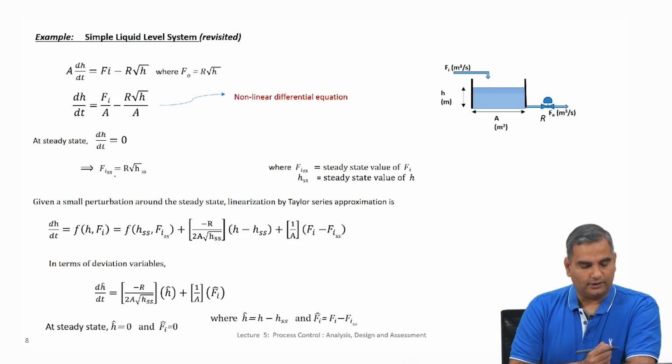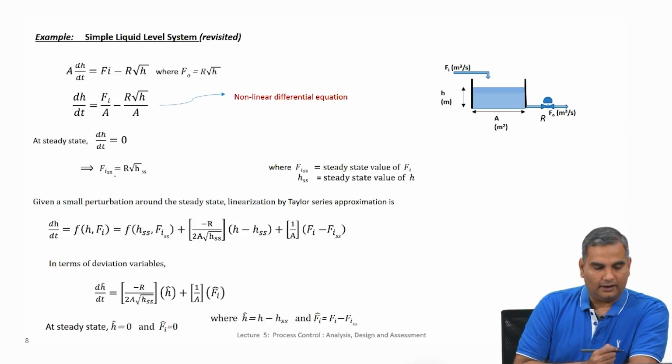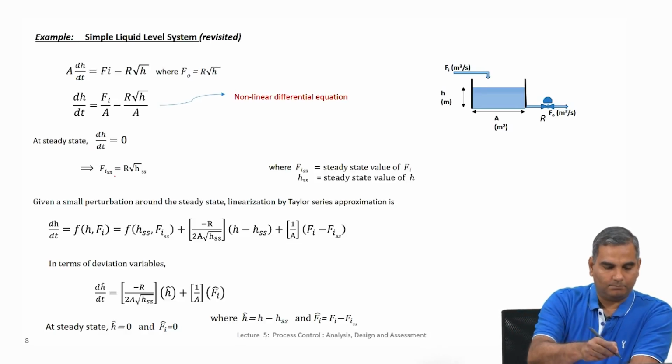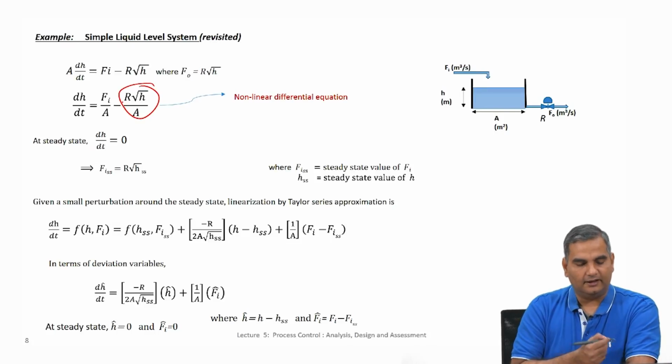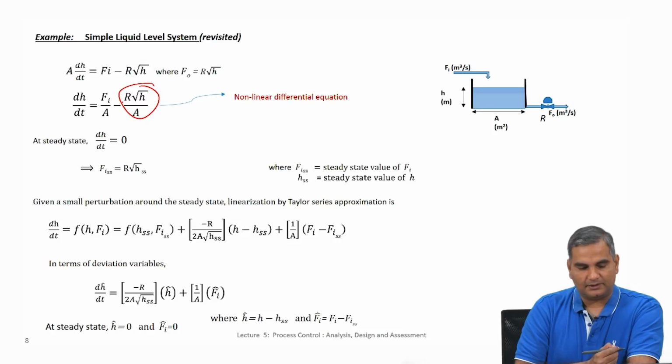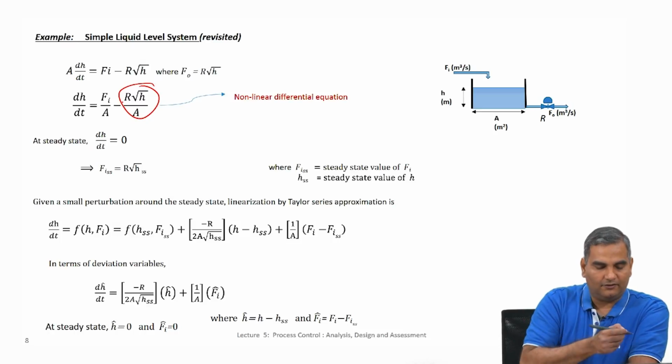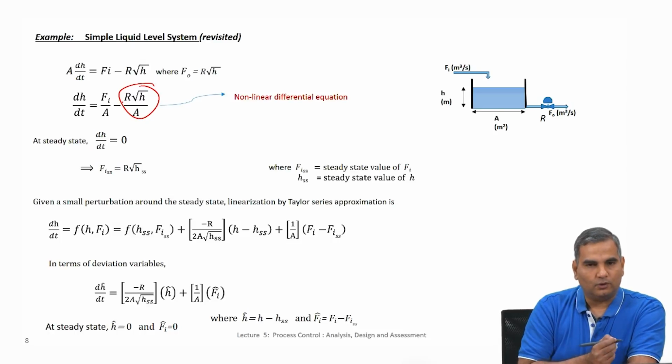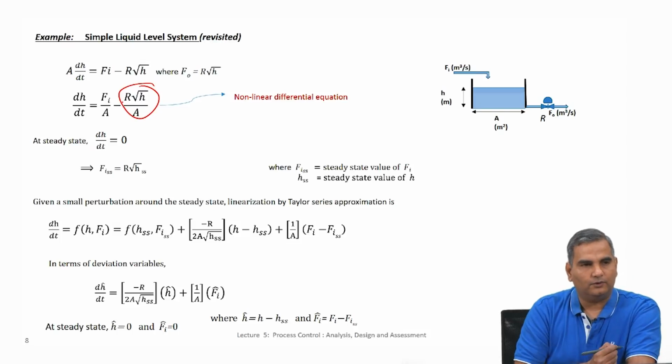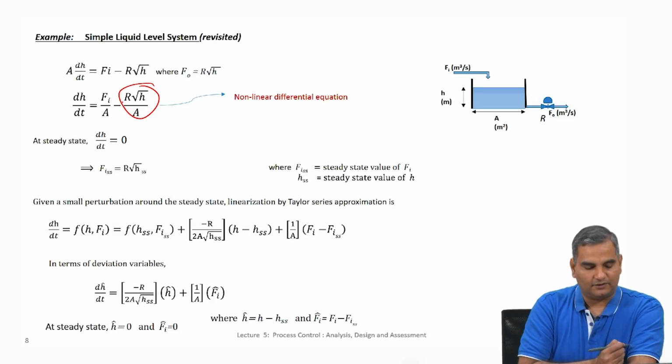Now, what you can do is take this function, root h, and linearize it using Taylor series approximation. The first derivative of root h will be 1 over 2 root h, and since we are going to do Taylor series approximation, we need the first derivative.